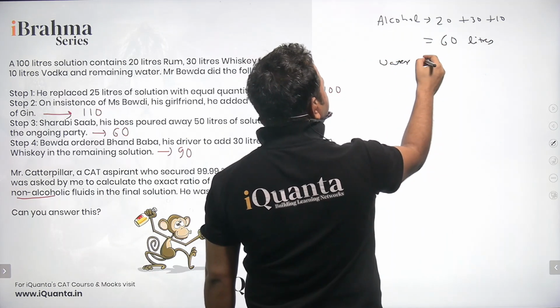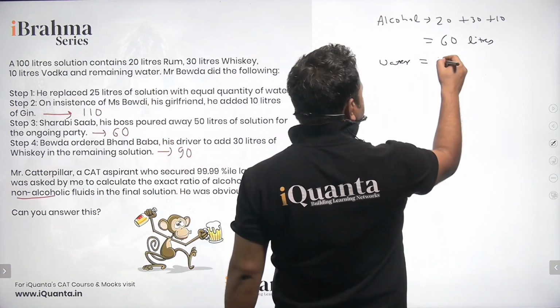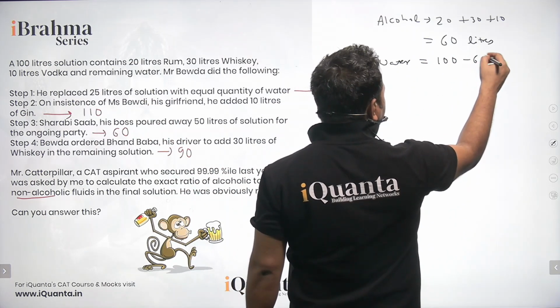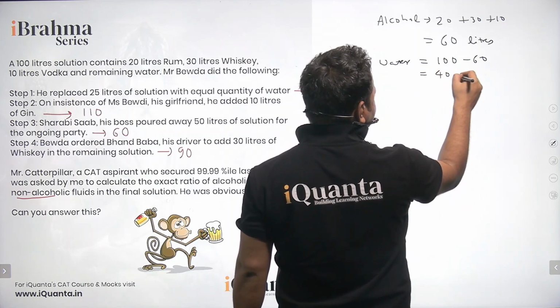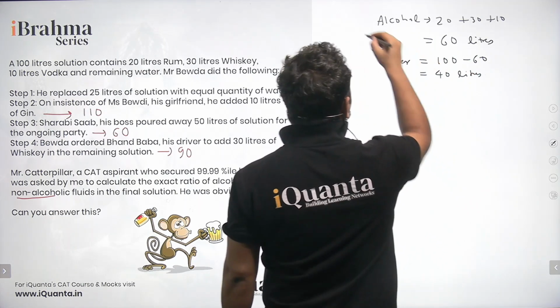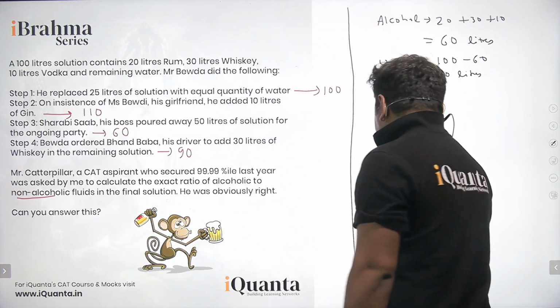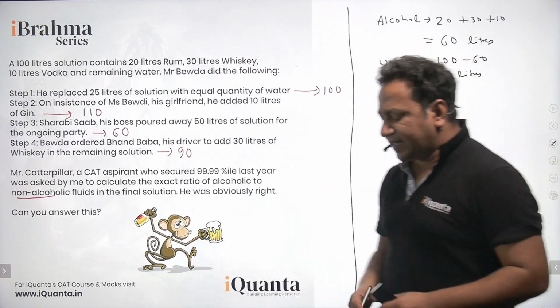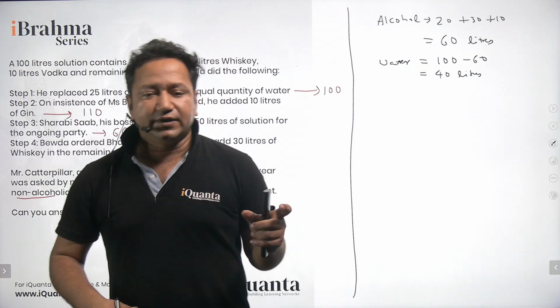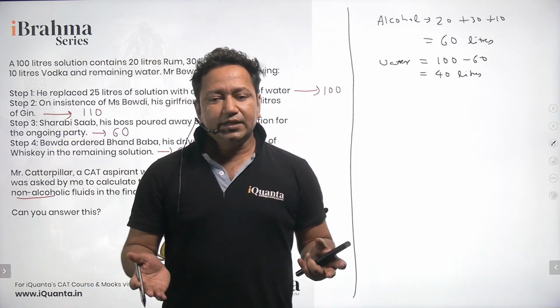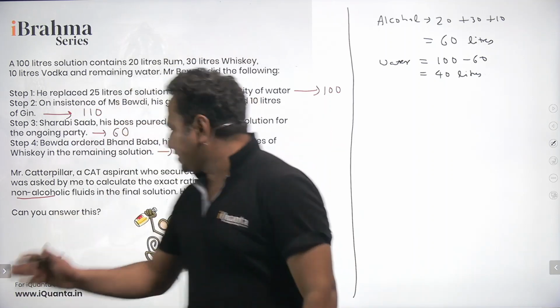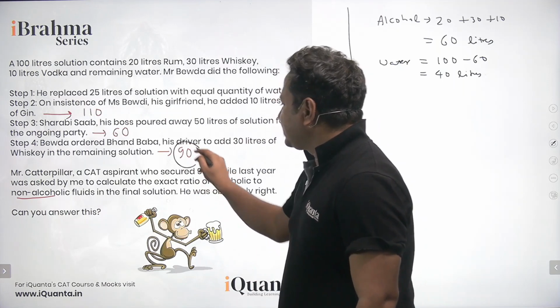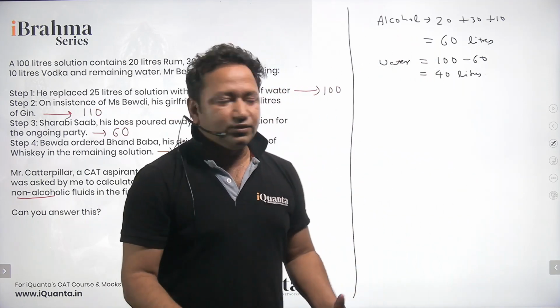Overall we had 100 in totality initially, so water will be 40 liters. Here we have to keep in mind that we can calculate for alcohol or for water, it doesn't really matter. Whatever answer we get, we'll subtract that from the final quantity of total solution, which is 90 for this question. All right, so let us do that.